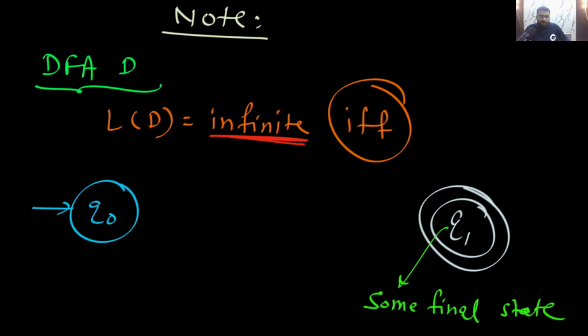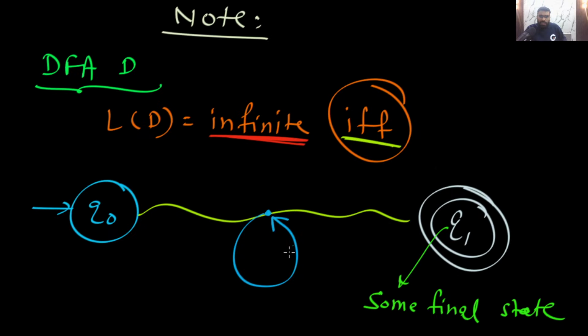The language will be infinite if and only if there is some loop on the way from the initial state to some final state. Is this clear?